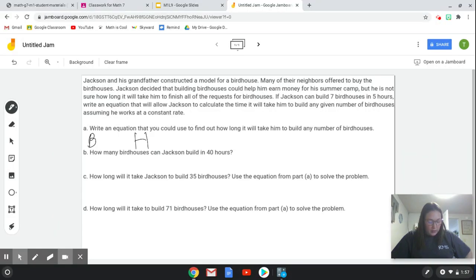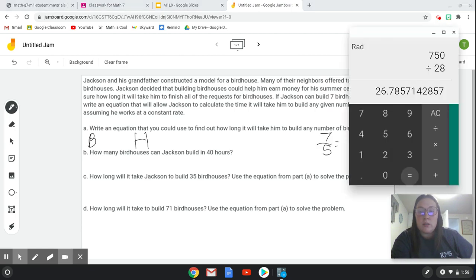But we're really going to want to think about how we're going to decide our constant of proportionality here. We could think of it as 7 birdhouses over 5 hours, so how many birdhouses he can make in 1 hour. If we divided that out, it'd be 7 divided by 5, which would equal 1.4.